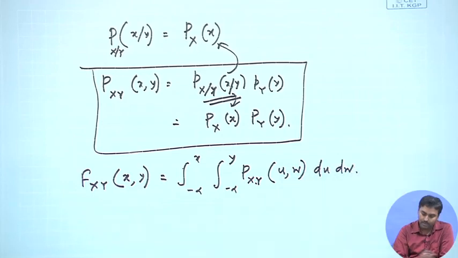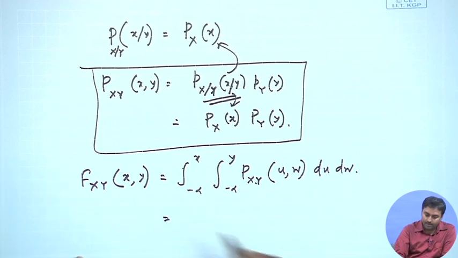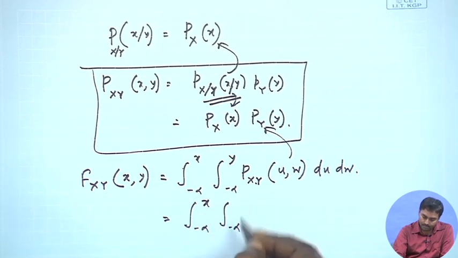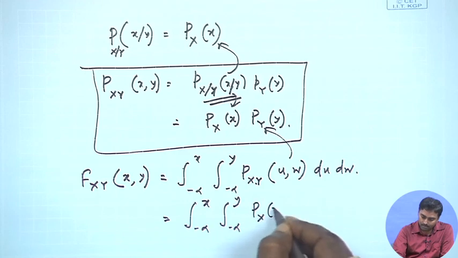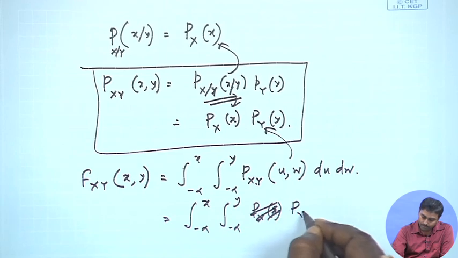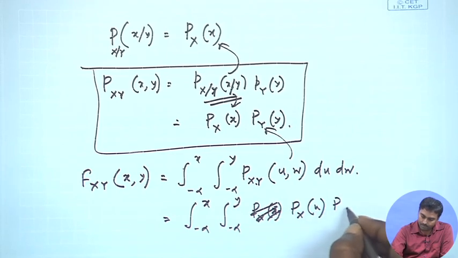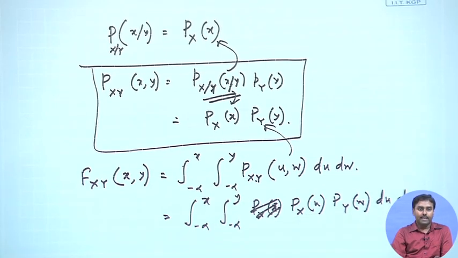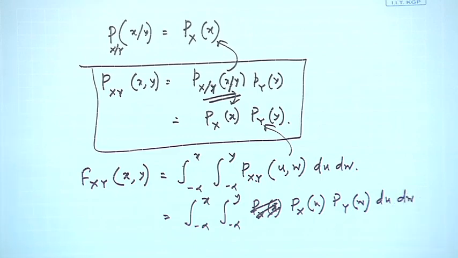Now, the good part is, as they are independent, they can be separated out. Because they are separated, I can now separate these two integrations. The integration with respect to variables u and w can be separated.